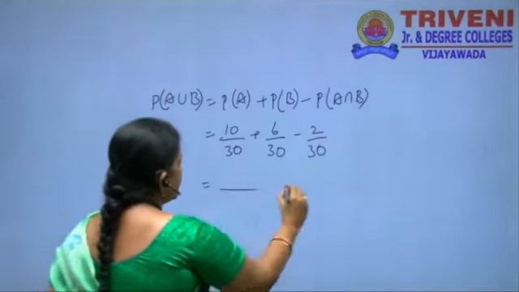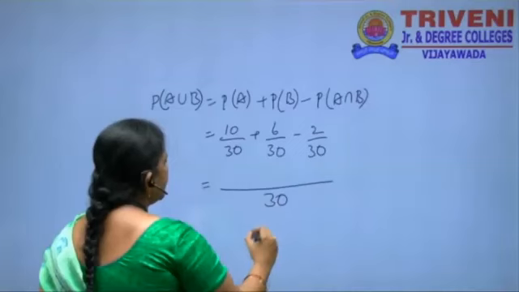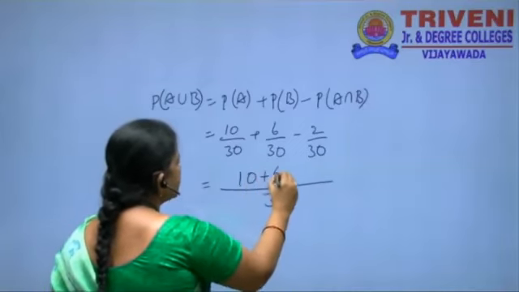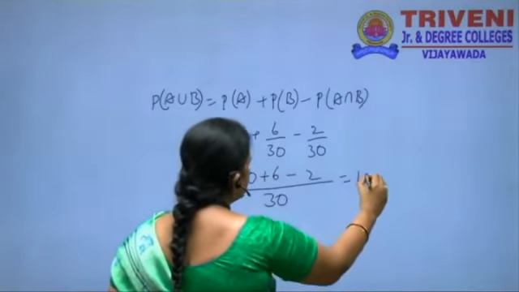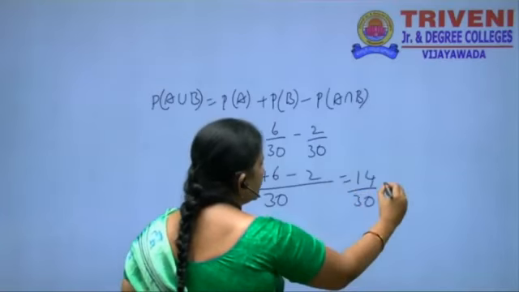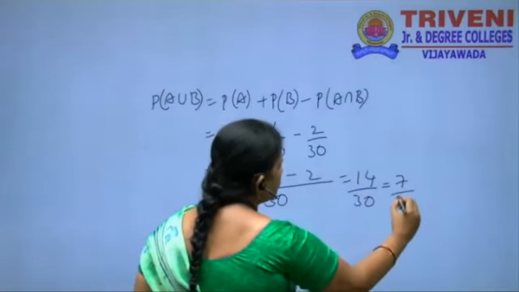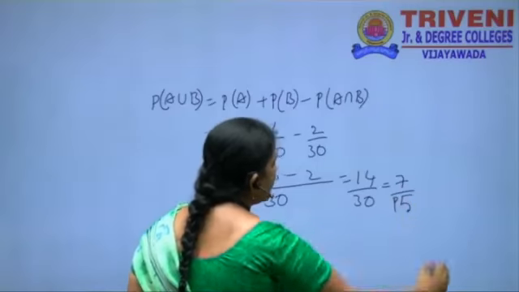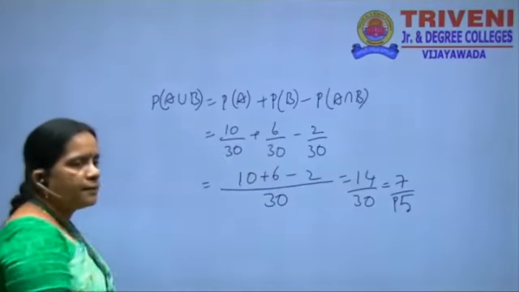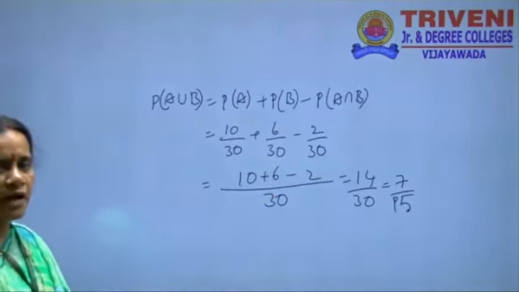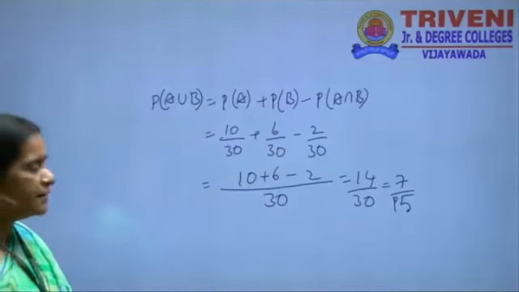The denominators are equal, then 10 plus 6 minus 2 is equal to 14 by 30. Division with 2, we will get 7 by 15. Then probability of multiples of 3 or 5 is 7 by 15.